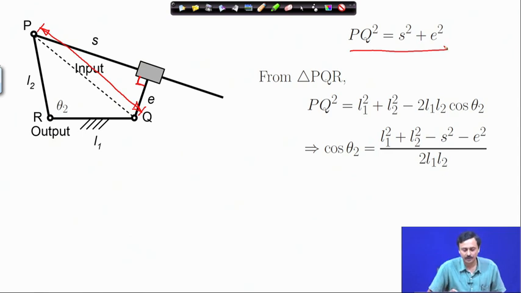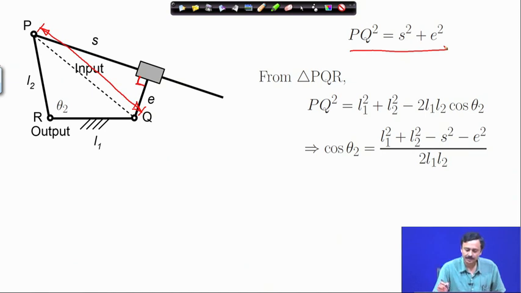So, this is straightforward. This is a right angle triangle. So, the distance PQ square is S square plus E square.